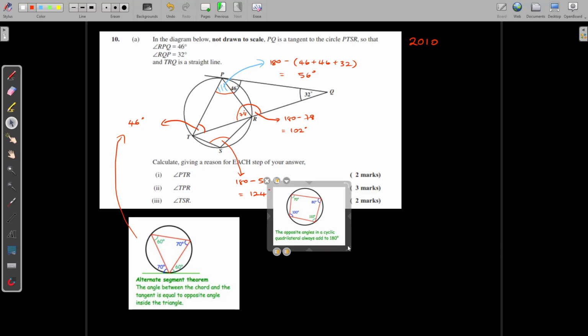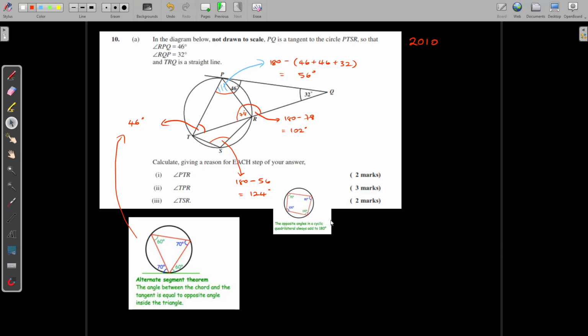So sometimes we have to really look at these diagrams and flip our paper, turn them around and all of that. So the one up here, so this would just be angles in a triangle add up to 180. But for 3 marks and 2 marks, they would want you to give them a step each. So each step you take, you give them a little working out, or you'd explain something.